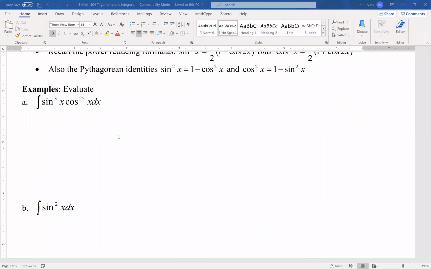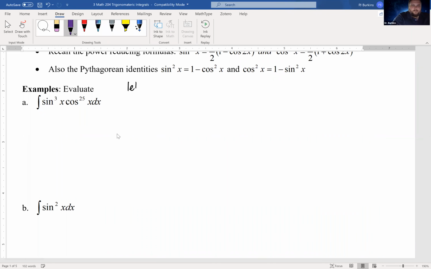No, cosine would equal u. I'm assuming you said sine because you didn't want to introduce a negative. Is that right? Yeah, which is a good thought. But because the cosine has the higher power, we're going to let it equal u. So I'm going to say let u equal cosine of x. So du is going to be minus the sine.